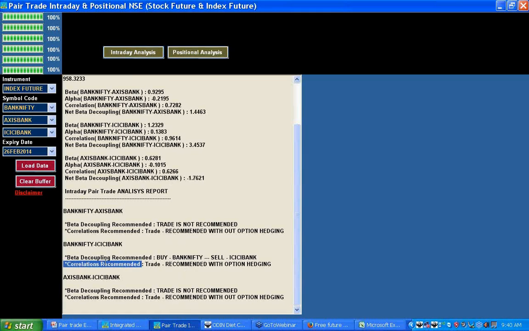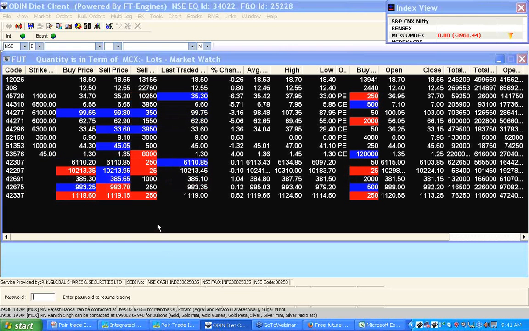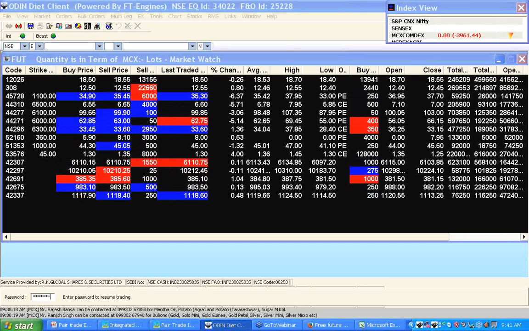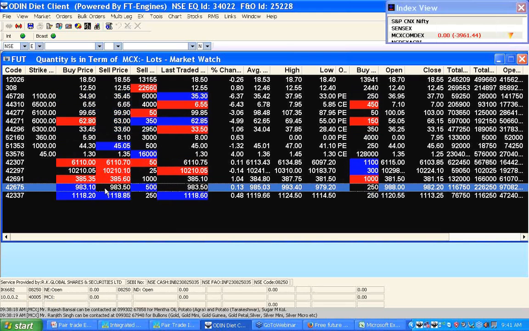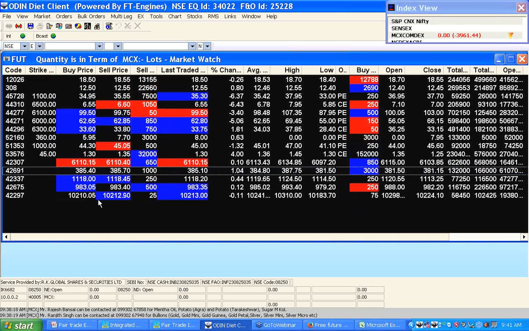And correlation recommends trade with option hedging. This correlation parameter again recommends that I must trade this with option hedging. So I am in the very first day of the settlement cycle now. What I can do here: I have sold at 983, I have bought at 201.